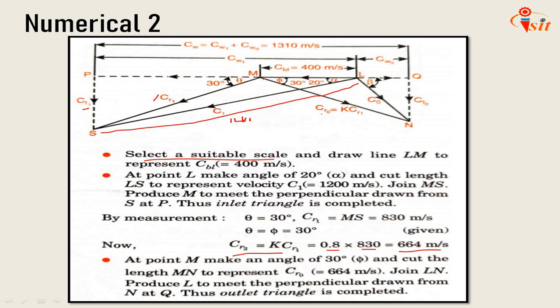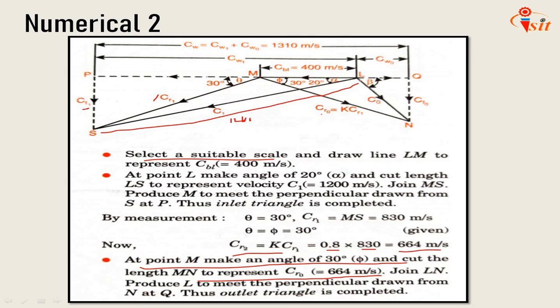You need to draw at a 30 degree angle, as theta and phi are same. So at a 30 degree angle from M, you can draw CR0 as 664 meter per second, 6.64. Here it is written: at point M make an angle phi of 30 degree and cut MN to represent CR0, that is 664 meter per second.